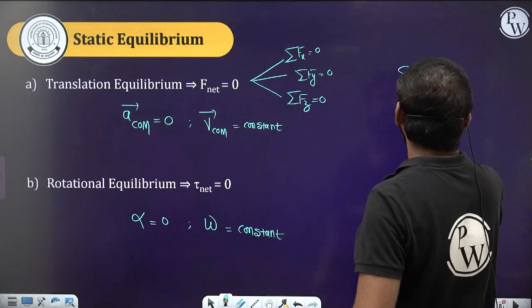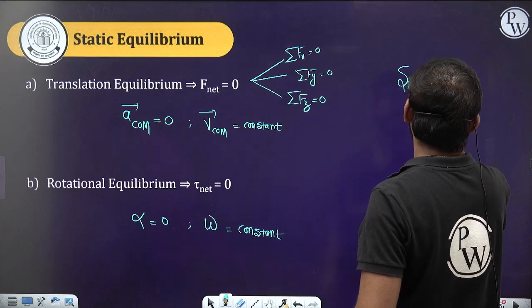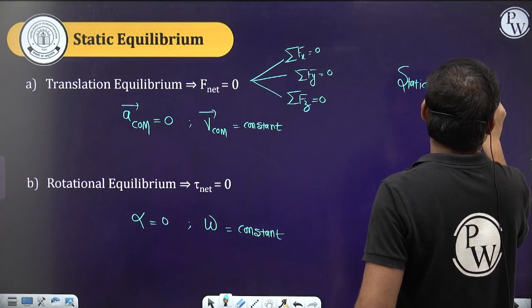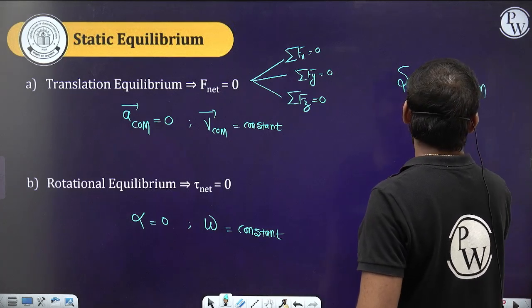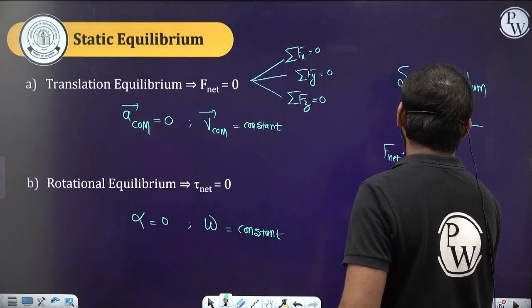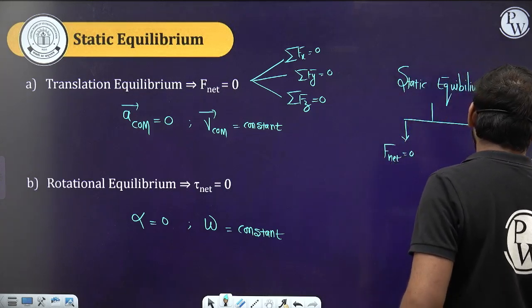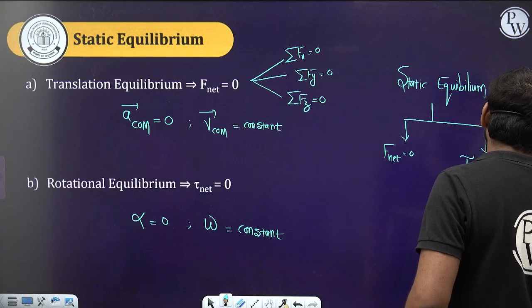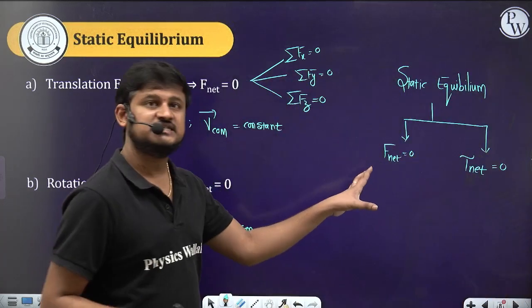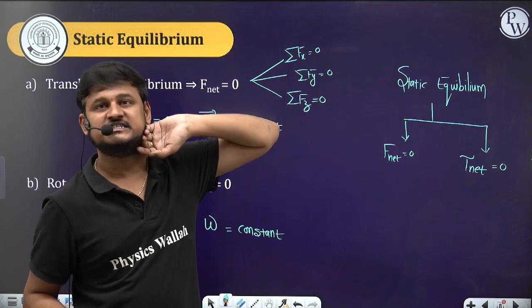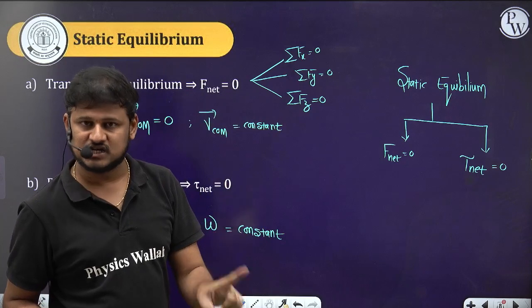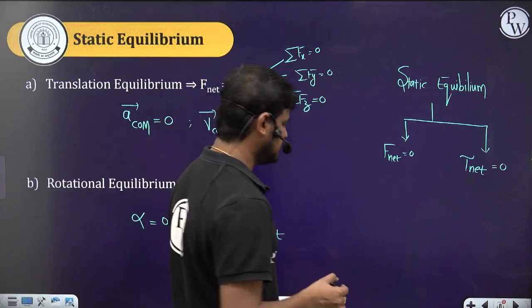So, a body is said to be in static equilibrium when F net is 0, the net force acting on the body is 0, and the net torque acting on the body is 0. Clear guys? Understood the concept? Chalo, let's move further.